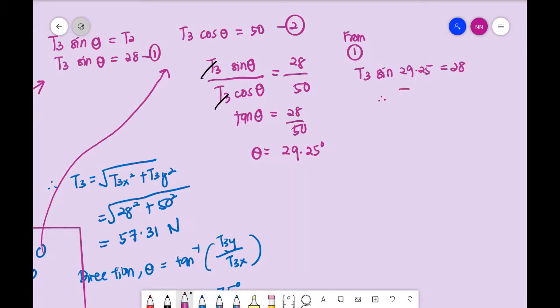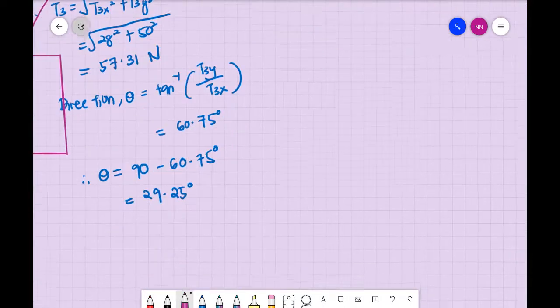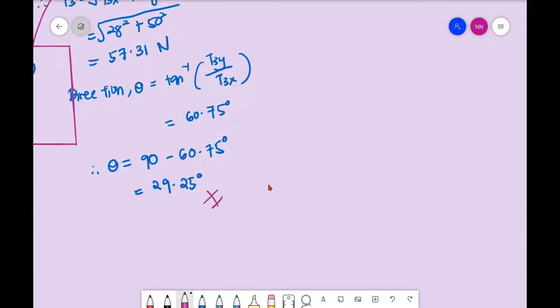So T3 equals to 28 over sine 29.25, so it is equals to 57.3 Newton. So we have two methods here.